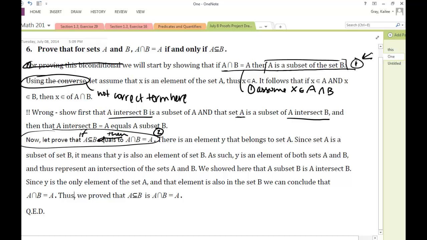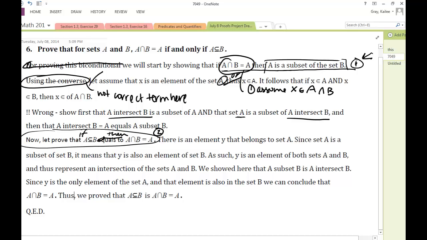Okay, so I'm just trying to follow this sentence here. So let's assume, or we can just say assume that X is an element of the set A. You could just say equivalently, or X is an element of A. So I think before you go into putting X in A, you want to have a clear starting assumption that you're going to assume the hypothesis is true.